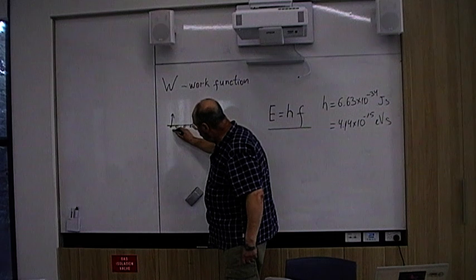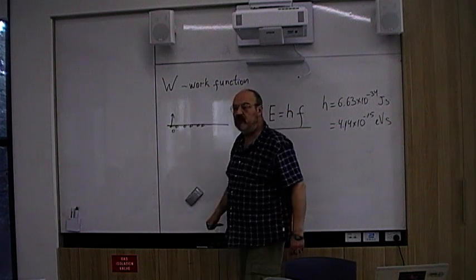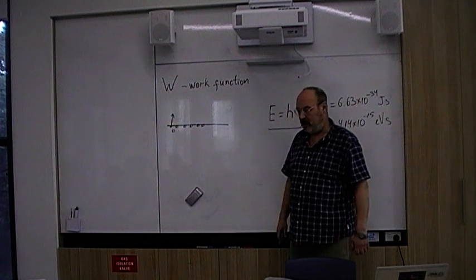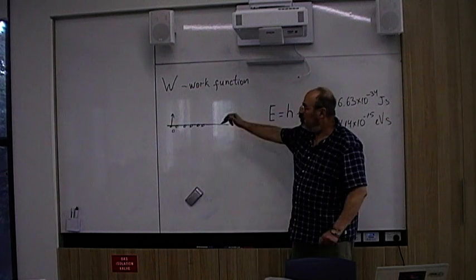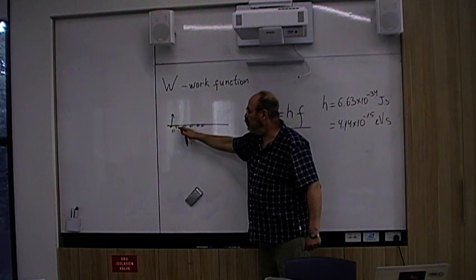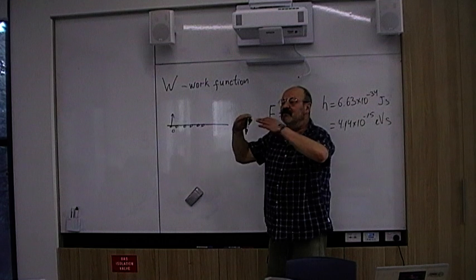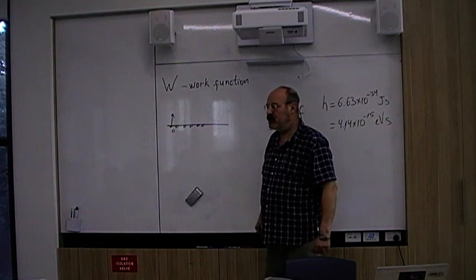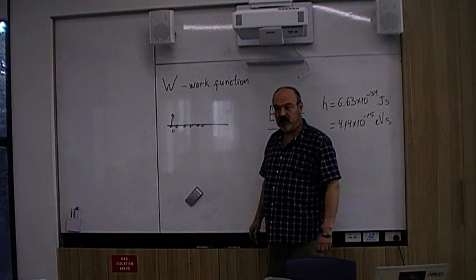Because there are some electrons a little bit further down, and there will be more energy needed to get those electrons out. So it is important that the work function is the minimum energy to get electrons which are ready to get out, but still need some push, some more energy. That's called work function.